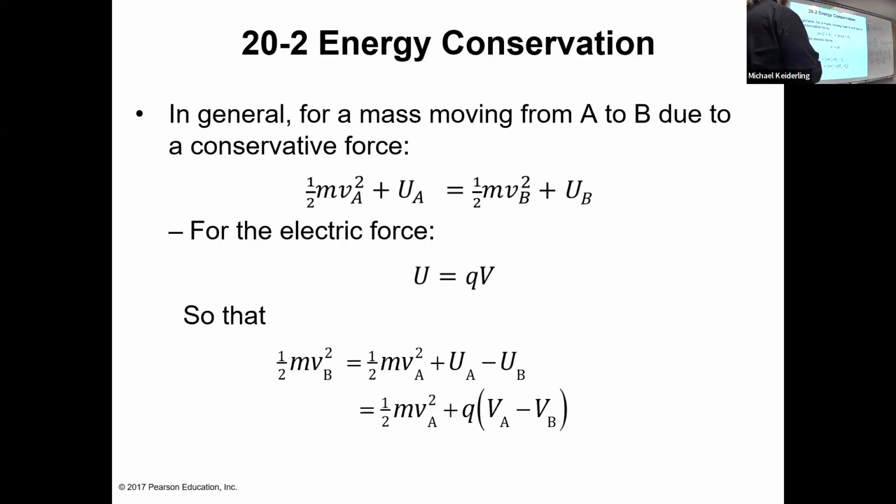So you get kinetic energy at point B, 1/2 mass times velocity v squared, is going to be 1/2 mass times velocity a squared plus charge times change in voltage, VA minus VB.